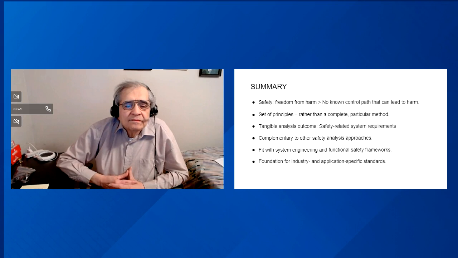Tangible analysis outcomes in the form of safety-related system requirements, essential work products in the system lifecycle, complementary to other safety analysis approaches. A fit with system engineering and functional safety frameworks, and a foundation for industry and application-specific standards to come.